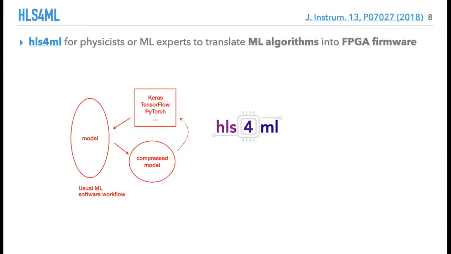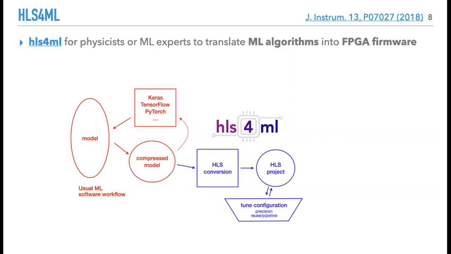Okay, with this in mind, we can talk a little bit about one of the frameworks we use, HLS for ML. It's basically a tool for physicists or machine learning experts to translate machine learning algorithms into FPGA firmware. You have the usual machine learning software workflow where you can train a model in Keras, TensorFlow, or PyTorch.